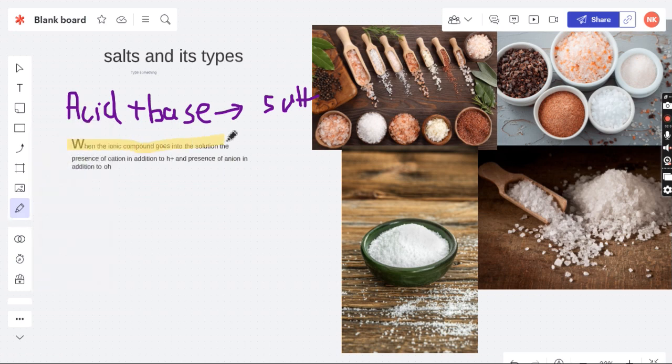So this is basically the basic definition of the ionic salt.